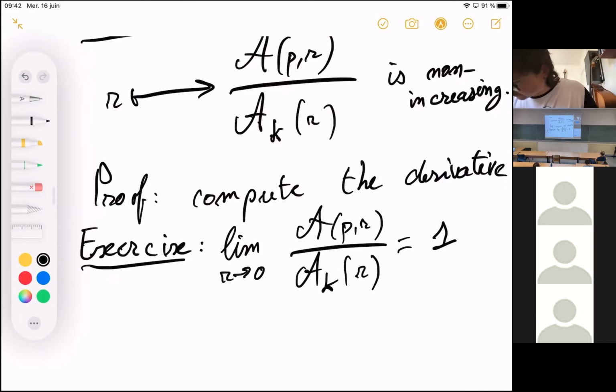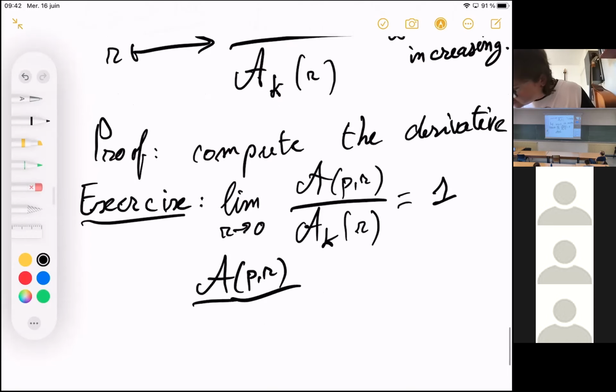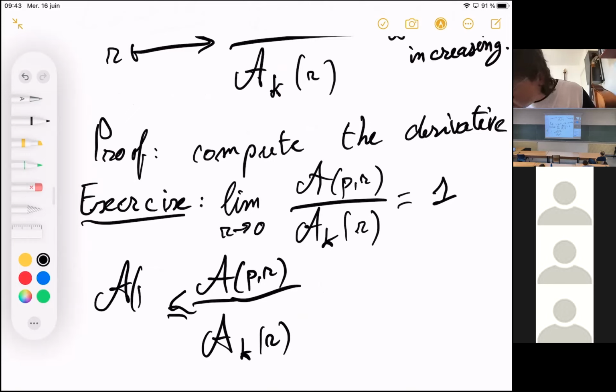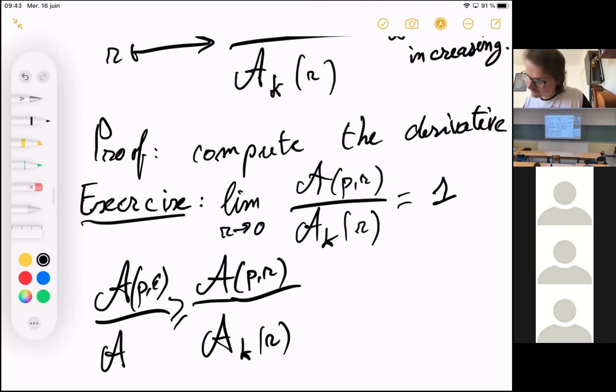And we know that A_p(r) over A_k(r) is non-increasing.